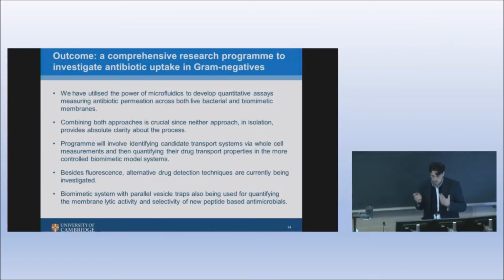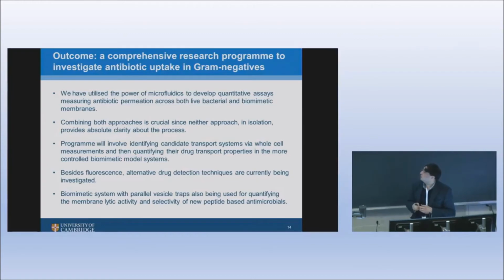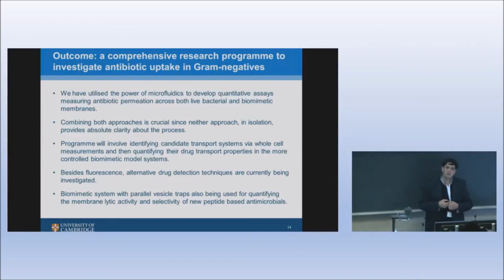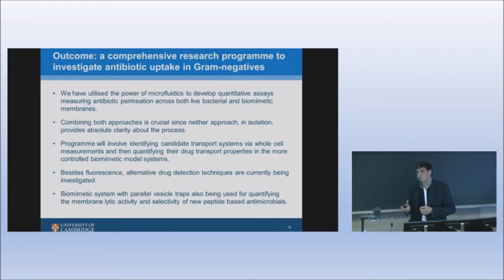So in summary, I hope I've shown you that we've got a suite of techniques now looking at antibiotic development for the problem of antibiotic resistance and failure in gram-negatives. We are combining both whole cell approaches and biomimetic approaches to get a comprehensive overview of drug transport in these gram-negative systems.